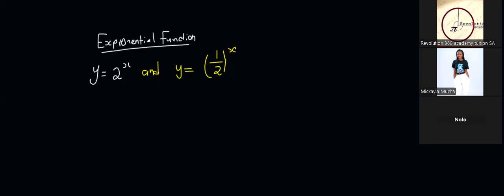Remember, both of these graphs we call exponential functions. How do I know that it's an exponential function? You see it with the equation y is equal to a multiplied by b to the exponent of x. Each and every time you can get the equation in this form, you must remember that it is the equation of an exponential function.